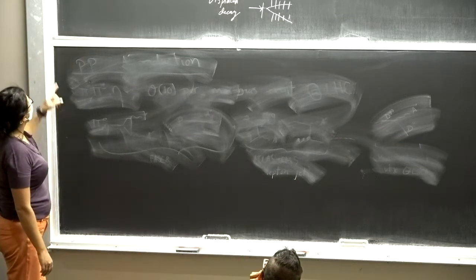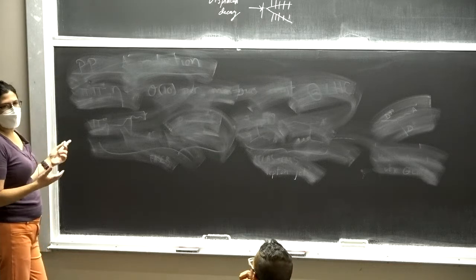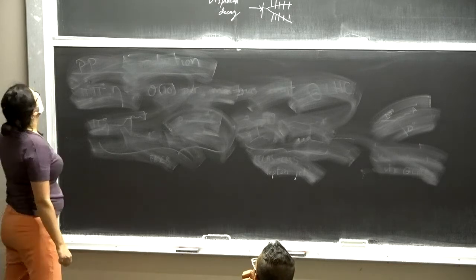Okay, so I want to go back to estimating the rate for these. And like I was saying, usually you'd use a full Monte Carlo to actually analyze the sensitivity of an experiment.